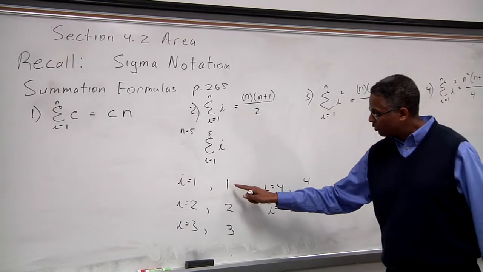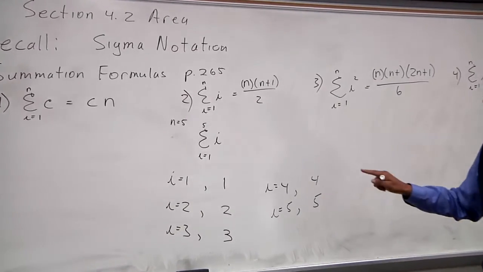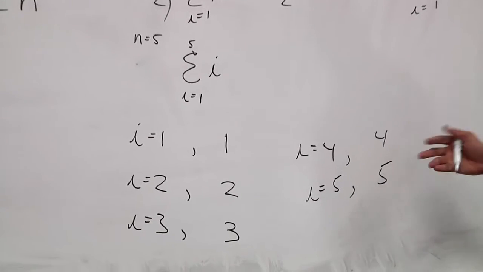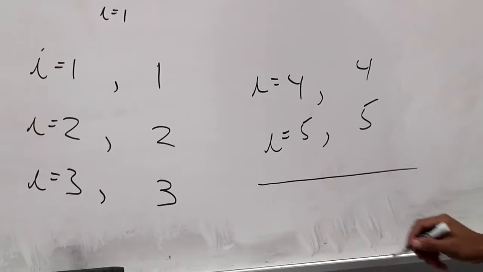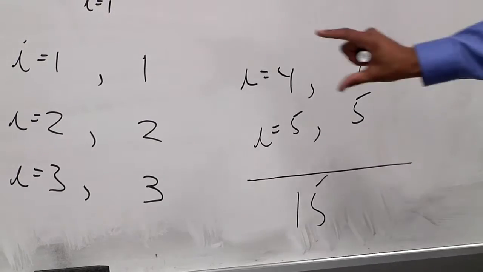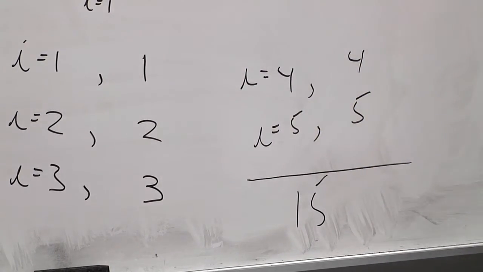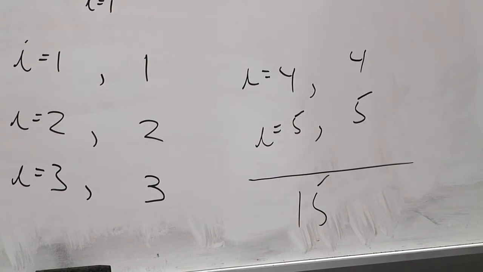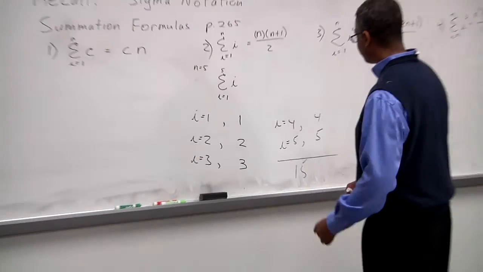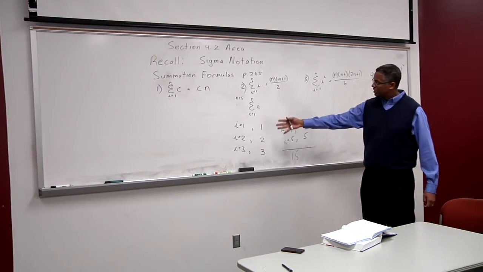So if you add 1 plus 2 plus 3 plus 4 plus 5, you'll get 6 plus 9 for a final answer of 15. If I did my math correctly, that's 3 and 3, that's 6, plus 9, 15, yes. Now, what this formula is saying is there's a shortcut for doing this summation.